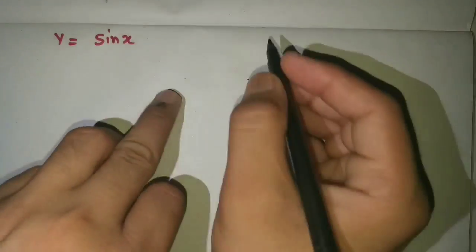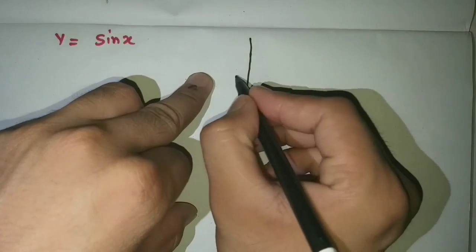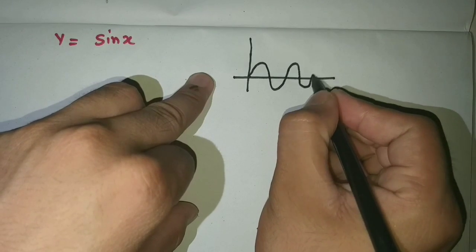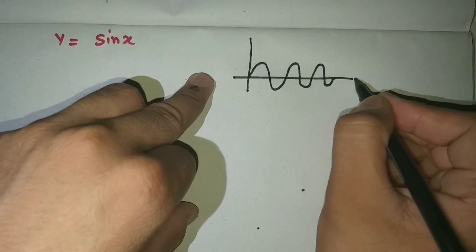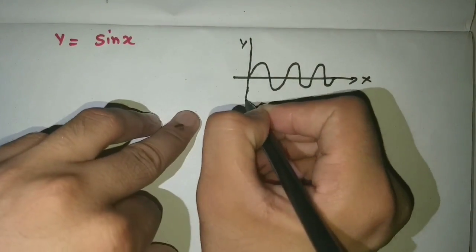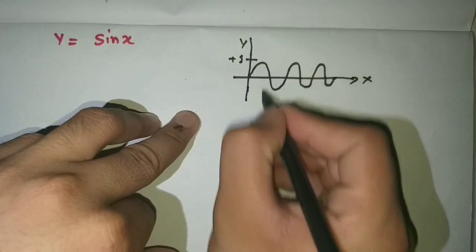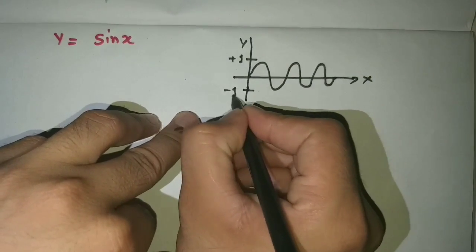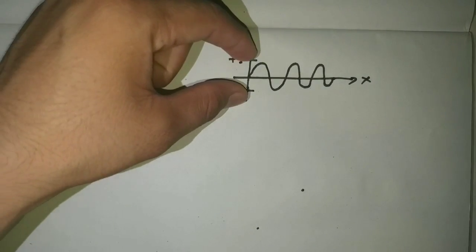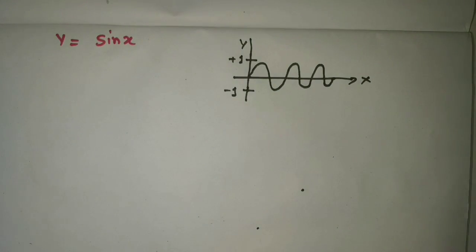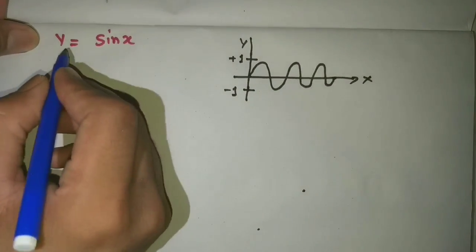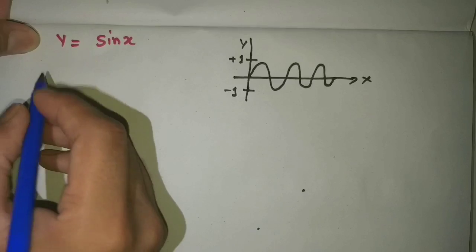Now if I draw the curve of this sine x, it is something like this. The constant amplitude is changing with respect to x, which has a maximum value of +1 here and a minimum value of -1. It fluctuates between these two maximum and minimum values. So now if I differentiate this equation, the differentiation of sine x is cos x.